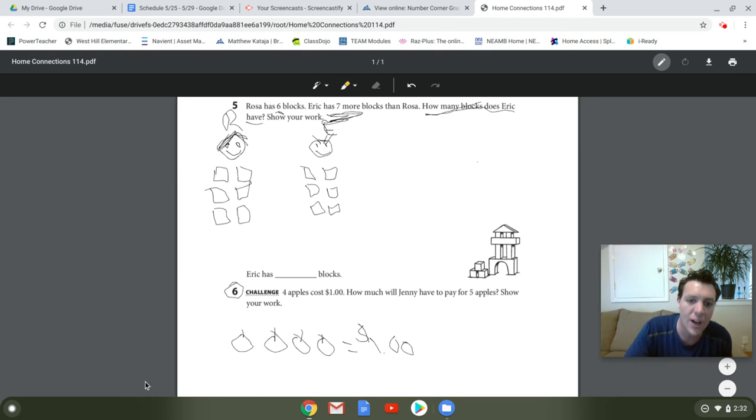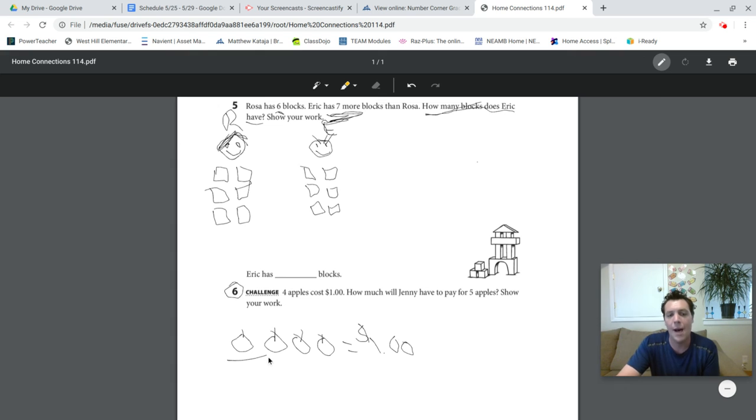So if 4 apples cost $1, how much does 1 apple cost? And this is actually not too challenging because we know quarters, and a quarter of $1 is what? 25 cents. So I'm really going to help you out here and tell you each apple costs 25 cents, which is 1/4.